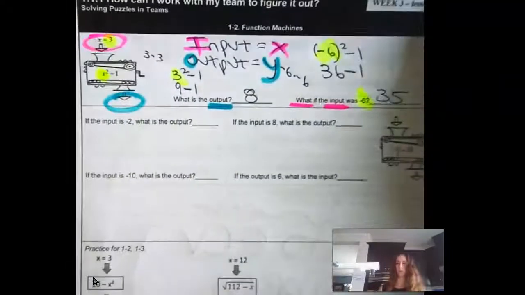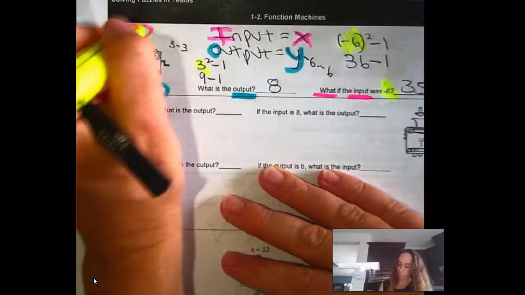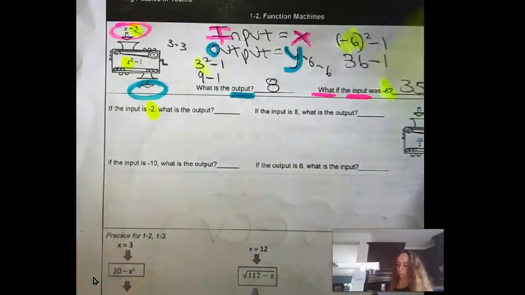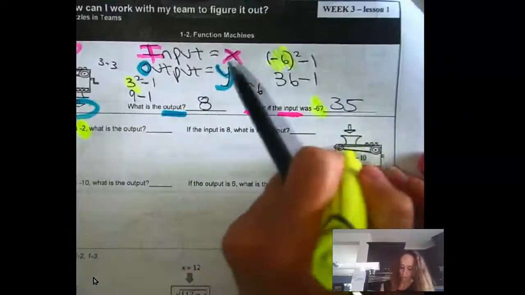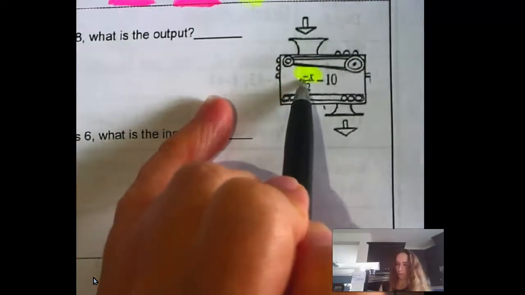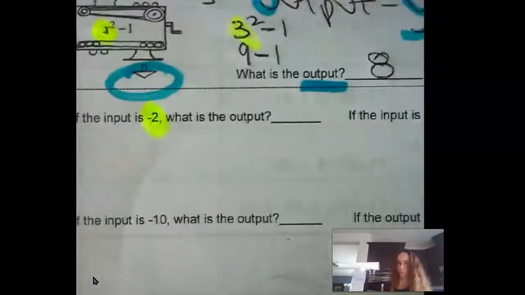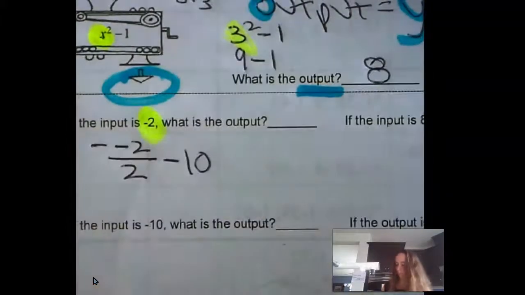What if the input was negative 2? So the negative 2 goes in over here. So now we've got a new input. Let me zoom that in a little bit. There's my input. So I'm going to go negative of negative 2 over 2 minus 10.